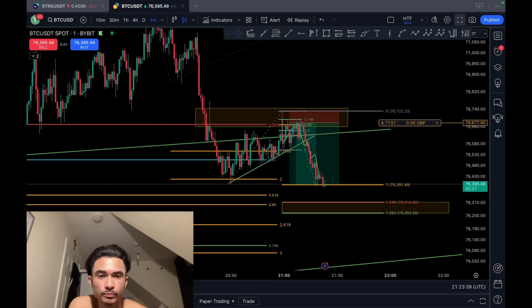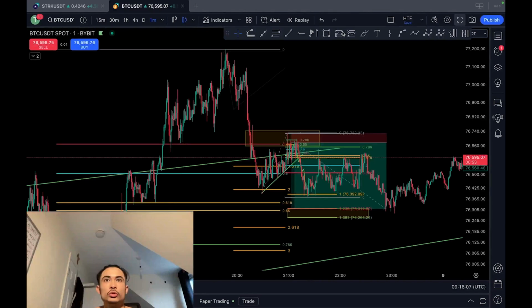I'm about to go to bed now, but I'm just going to set my TP there and see if we can hit the 5th wave targets. Other than that, nothing much else to say, to be honest. Let's see what happens tomorrow morning. Good night.